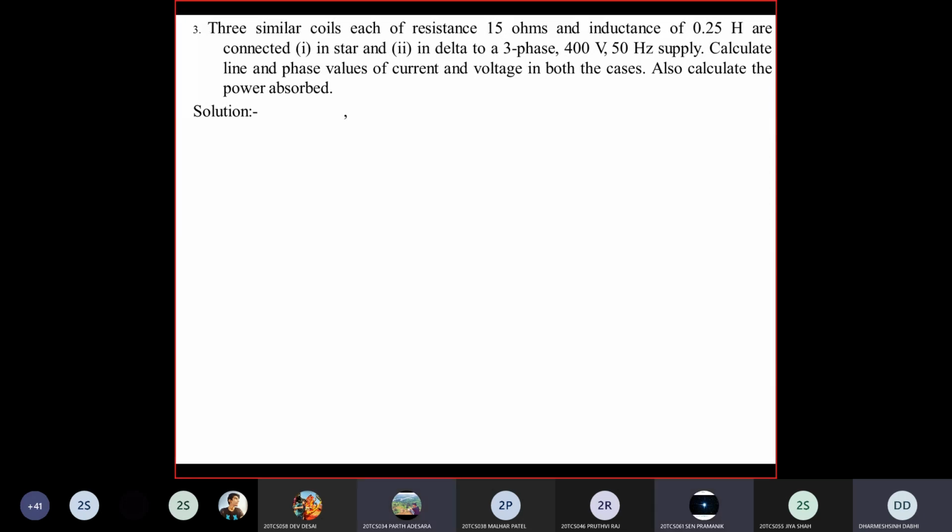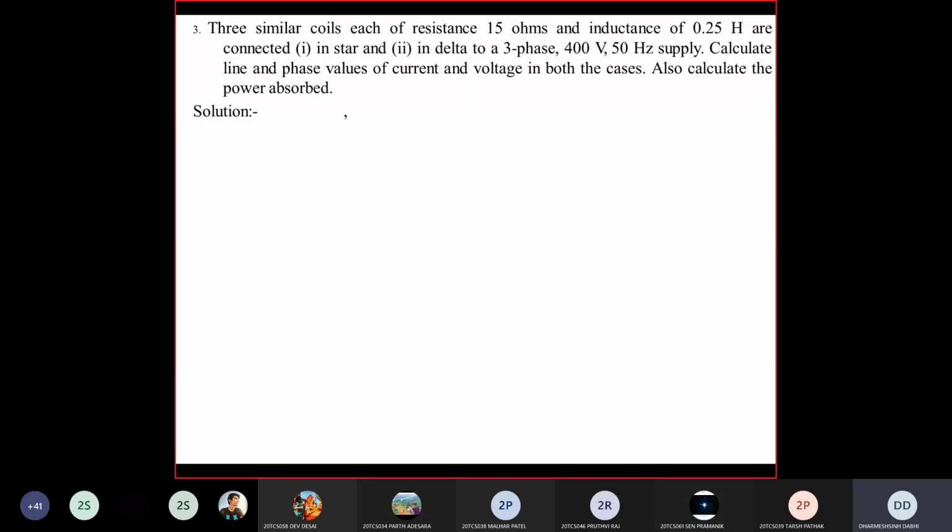Yes, sir. So first calculate for star connected load and give me the answer. The phase voltage is 230.94 volts. For a star connected system, line voltage is equal to root 3 times phase voltage.